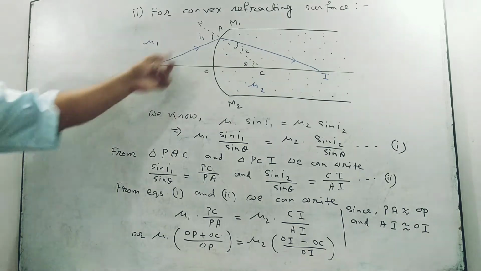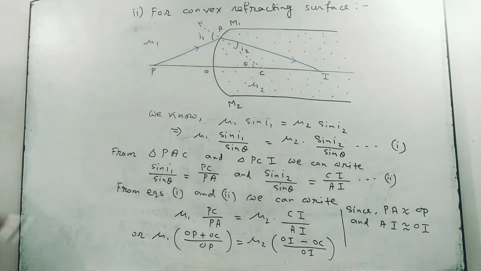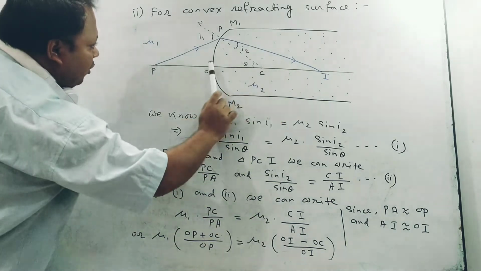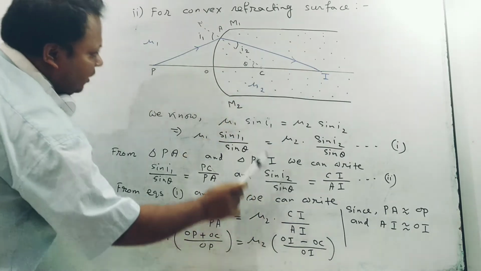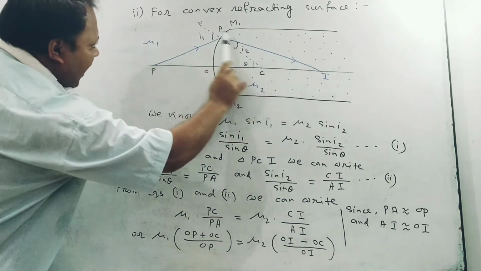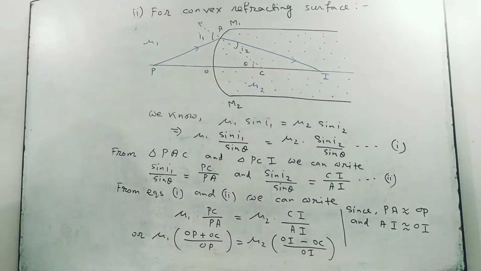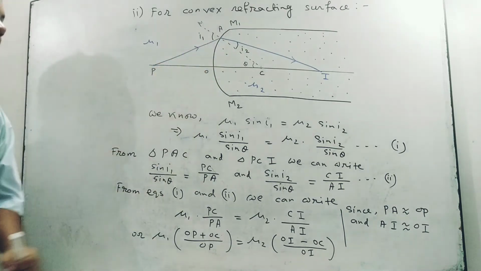And CI is equal to OI minus OC. And AI is approximately equal to OI because the radius of curvature of the surface M1 M2 is very small.